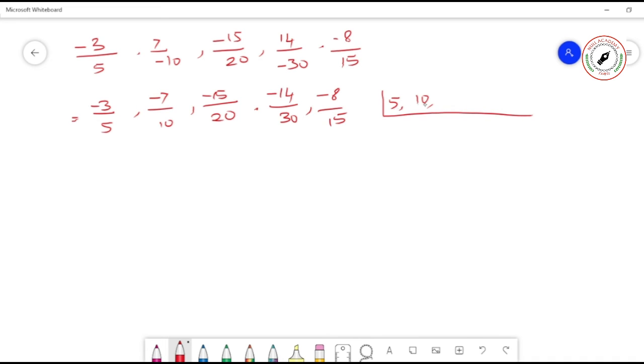5, 10, 20, then here 30, 15. What is the common factor? 5. Very good. So 1, 2, 4, 6, 3. Now you first understand this point.